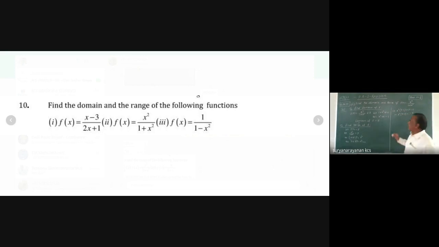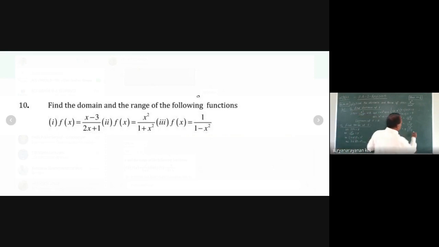This implies x square is equal to minus y by y minus 1. This implies x square is equal to y by 1 minus y. This implies x is equal to plus or minus square root of y by 1 minus y. Here also the denominator 1 minus y should not be 0.